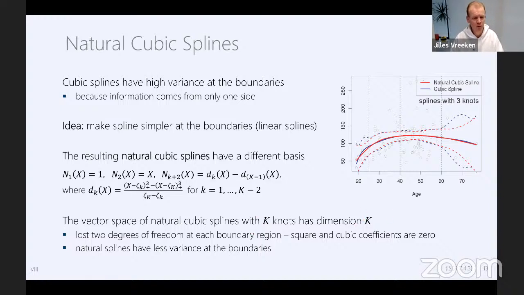We lost 2 degrees of freedom at each boundary region, and that trickles further into the degrees of freedom within the entire cubic spline. So rather than having a dimension of d, we're now strictly at k. That is pretty neat, right? Because we still have quite flexible functions in practice. They can fit the data quite well, but we don't have to estimate that many parameters.